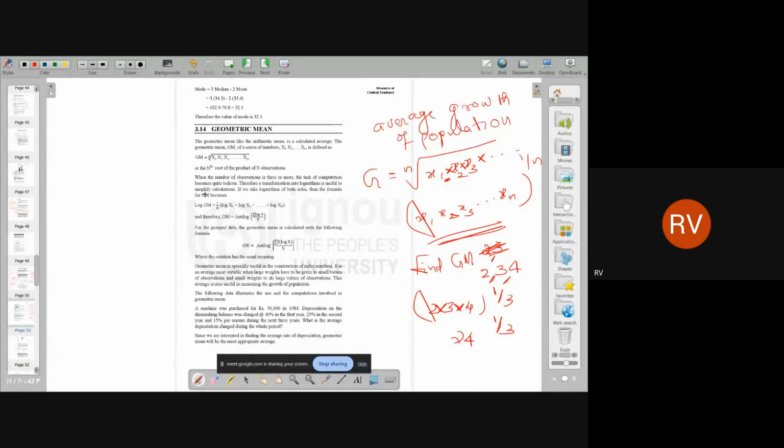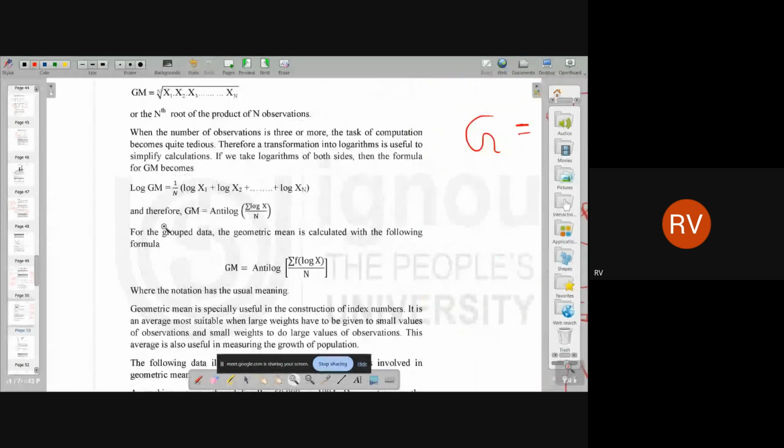To find that is a complex calculation, so we can use logarithms to find the geometric mean. The geometric mean is the nth root of x1 into x2 etc. into xn.